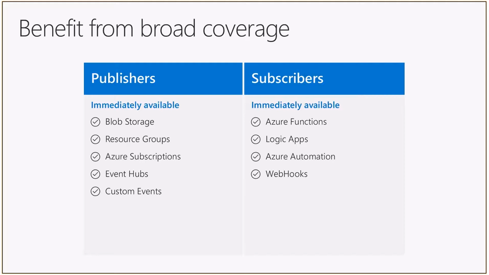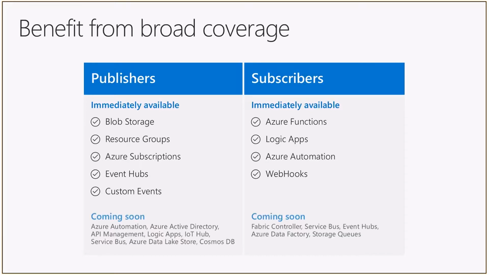We will send a validation event as the first event you receive to that endpoint, and we'll have a validation code. And all you have to do is echo back the validation code as a validation response, and then we know you have ownership of that endpoint, and you are good to move forward.